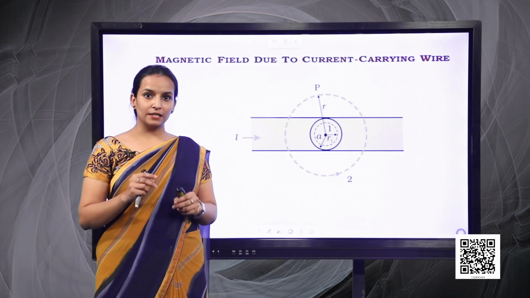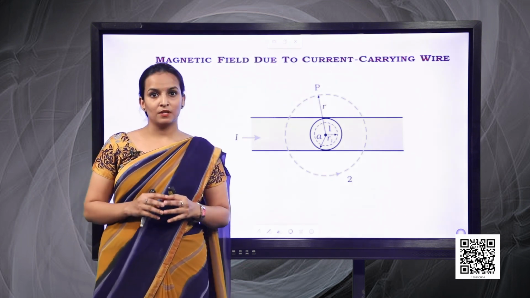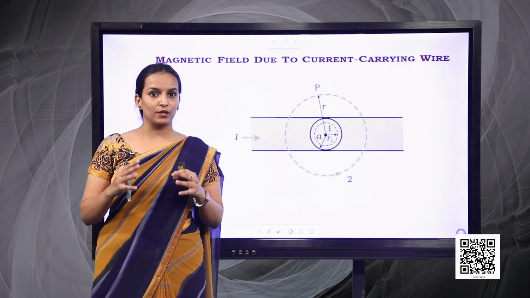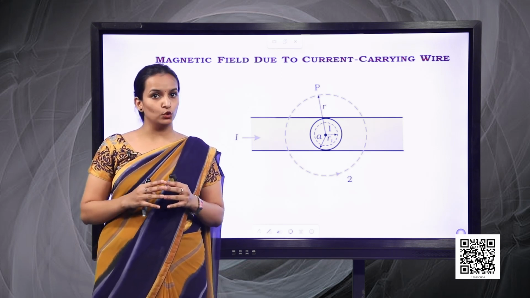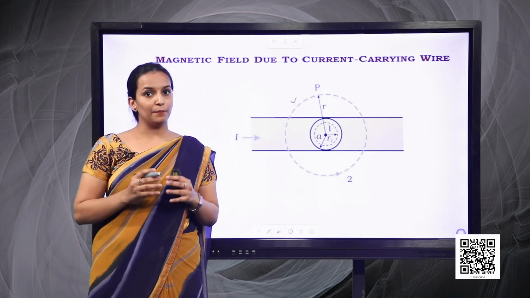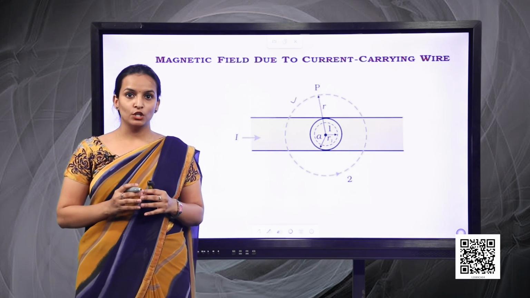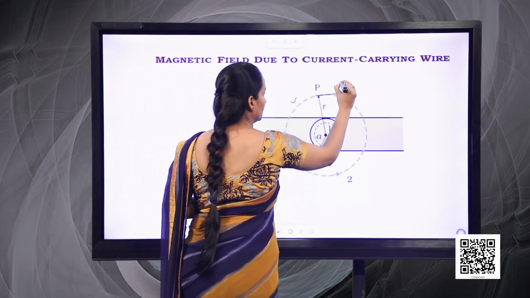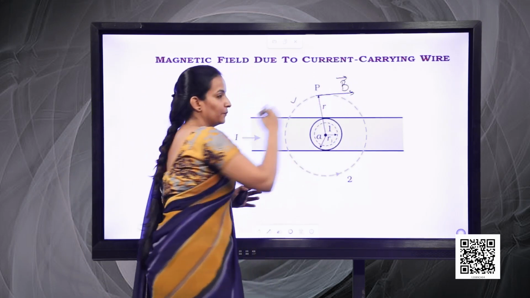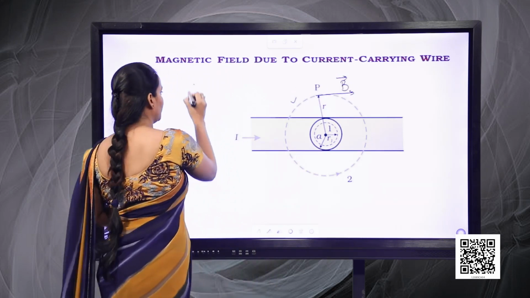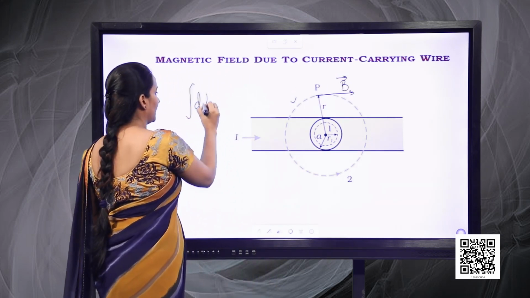Moving to another case, taking a system with symmetry such as a straight infinite current carrying wire. The boundary of the loop chosen is a circle, and the magnetic field is tangential to the circumference of the circle. And the integration of dl will be 2 pi r.